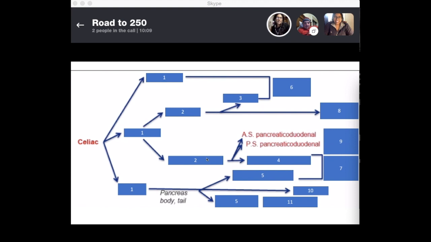I forgot. Splenic, yes. So, the common hepatic splits into what two things did I say? The right gastric? Not yet. It's going to split into the proper hepatic and the gastroduodenal.